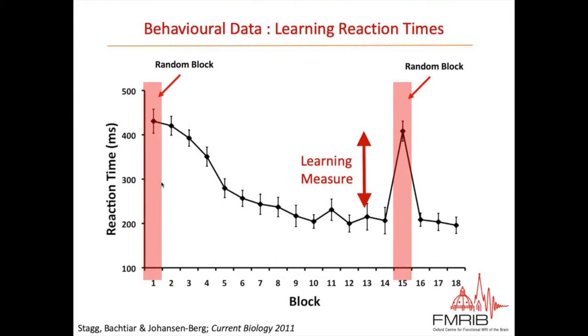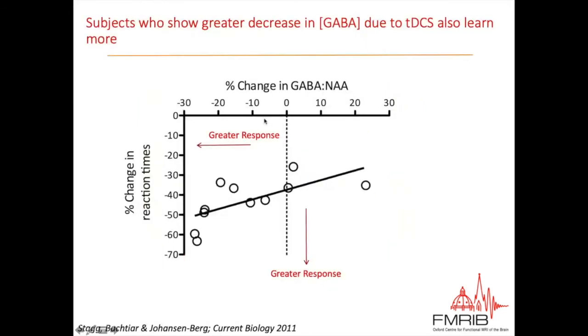So the ability to decrease your GABA easily, does that correlate with how much you're learning on this task? We defined learning as just the reaction time decrease from the first sequence block to this plateau, and indeed saw that there is this relationship such that people who have a very responsive GABAergic system, in response to tDCS at least, learn more, as determined by a decrease in reaction times.